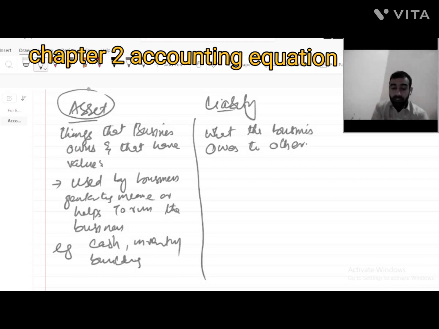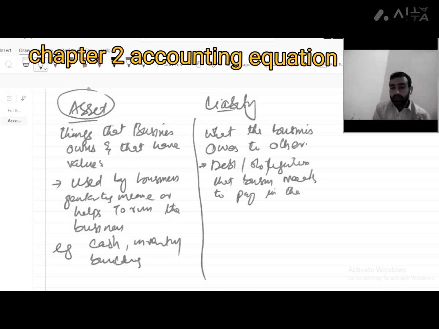So that is your liability, and that is a component of the accounting equation. Clear? The examples for this are your bank loan, unpaid bills, and so on.